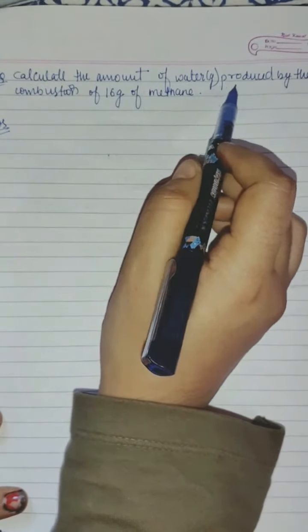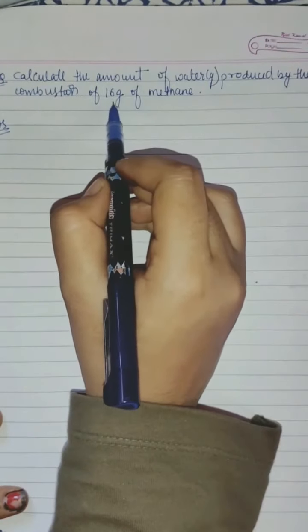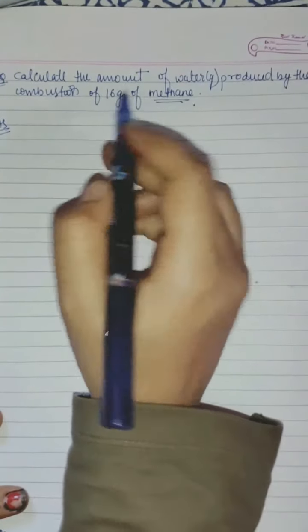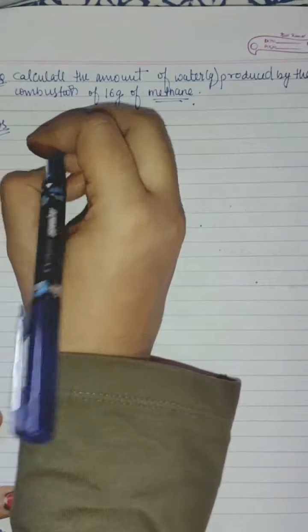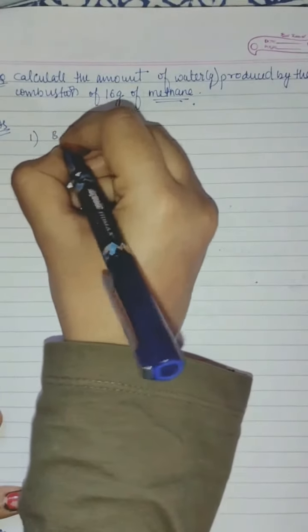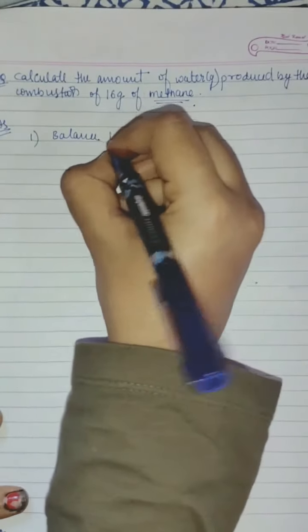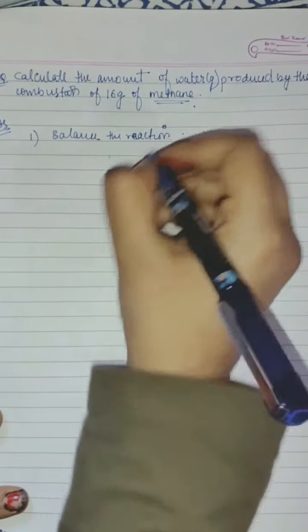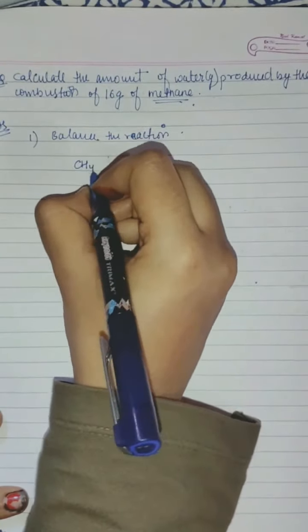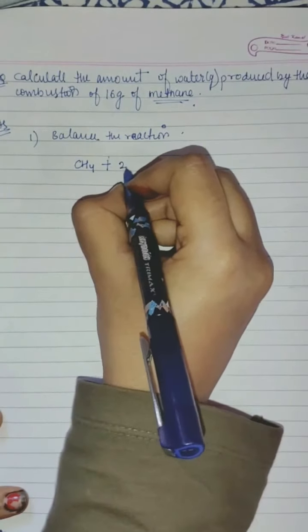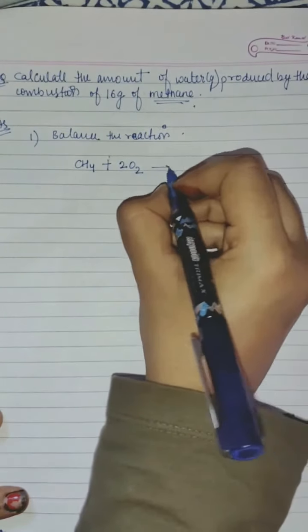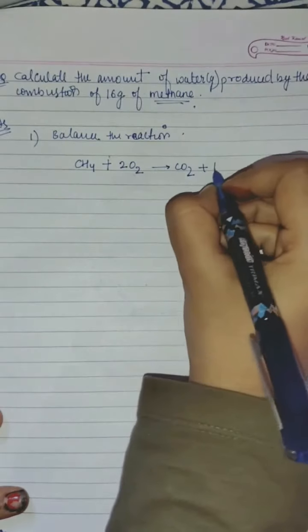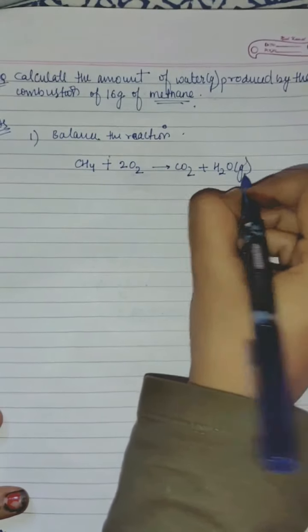The next question is, calculate the amount of water in grams produced by the combustion of 16 gram of methane. On the basis of the rule, we first balance the reaction. So the reaction is CH4 plus 2 O2 gives carbon dioxide plus 2 H2O.